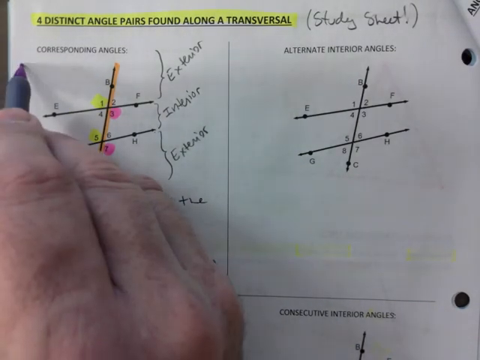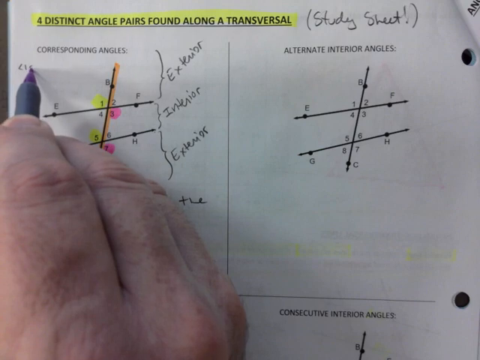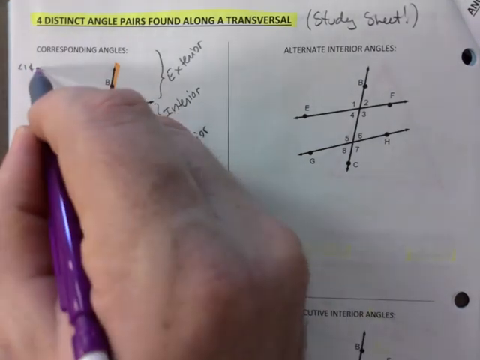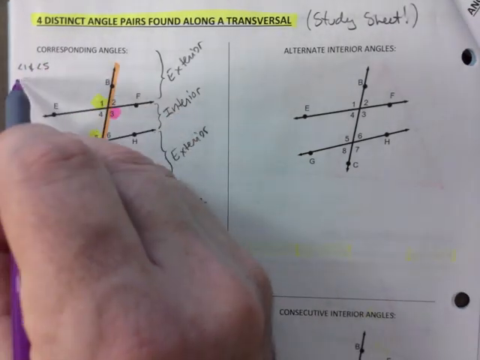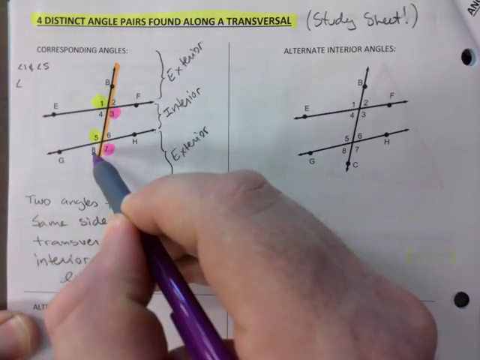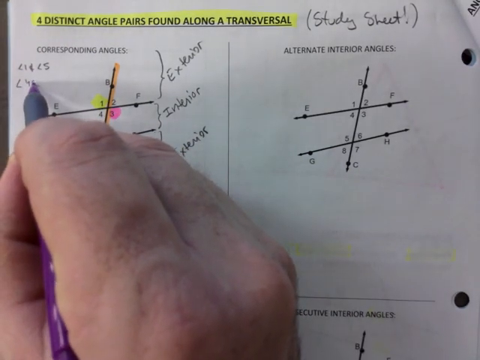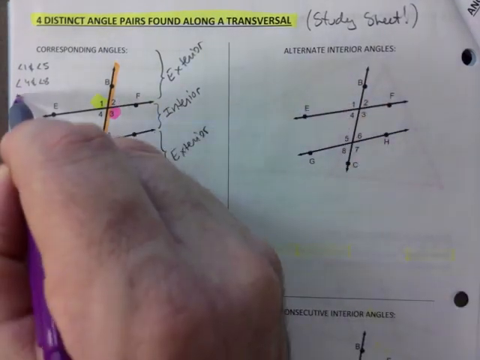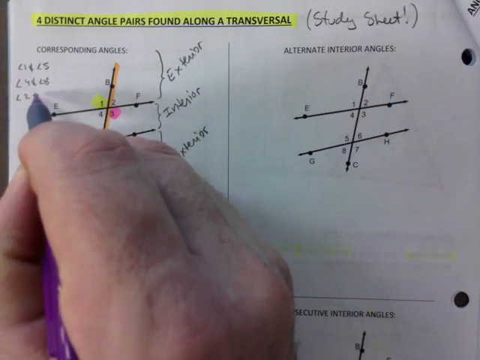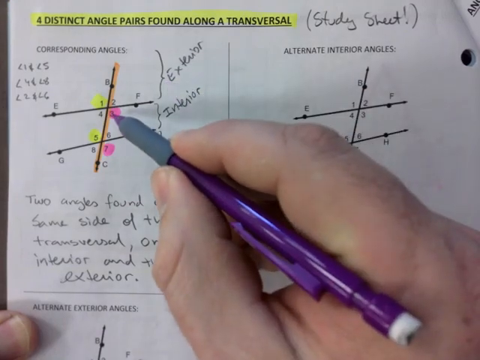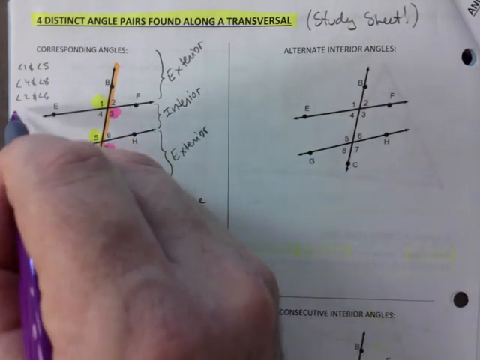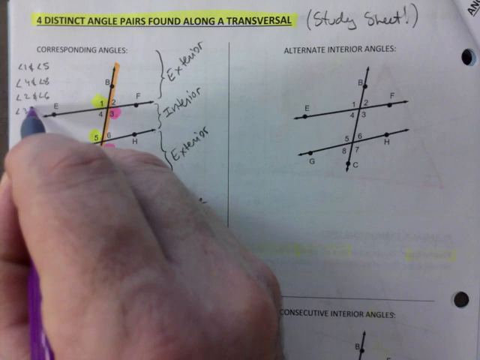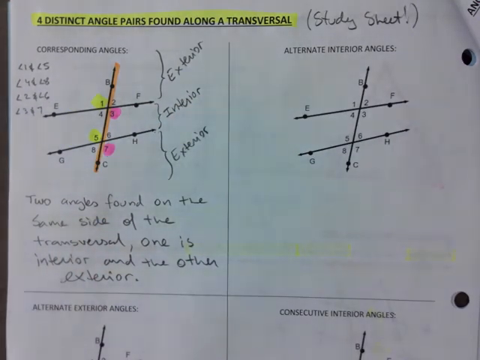I'm just going to say angle 1 and angle 5, angle 4 and 8, angle 2 and 6, angle 3 and 7. Those are your 4 pairs of corresponding angles.